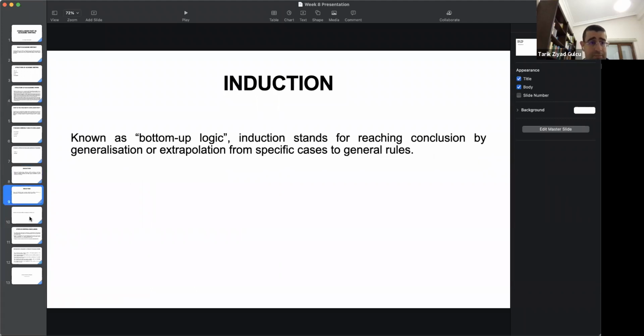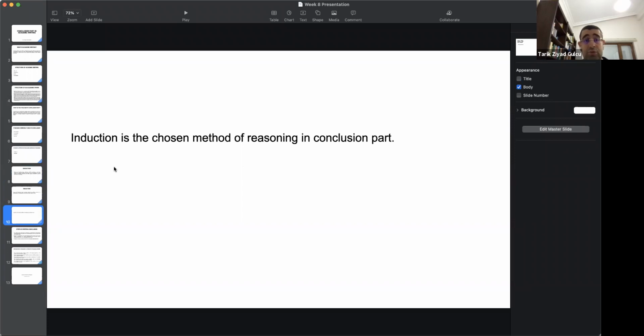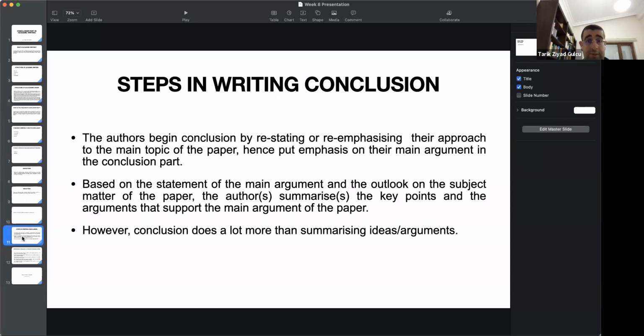Well, induction is the chosen method of reasoning in the conclusion part. But how do we use induction in the conclusion part? This is important. Steps in writing the conclusion. All these steps may answer our question.